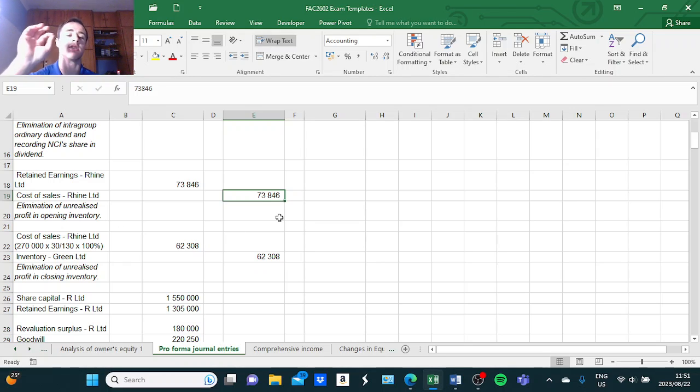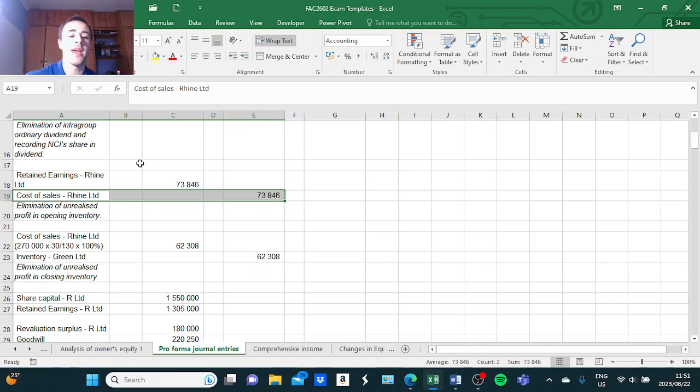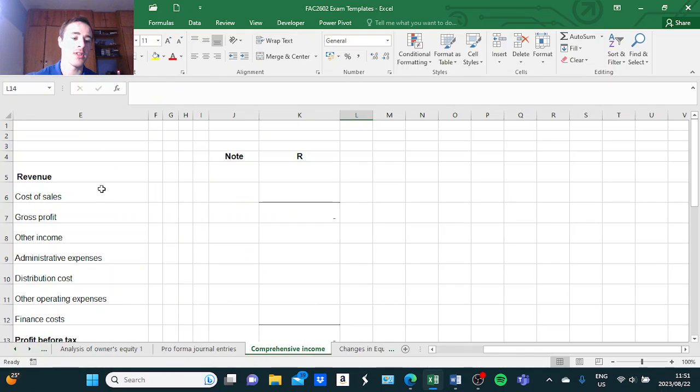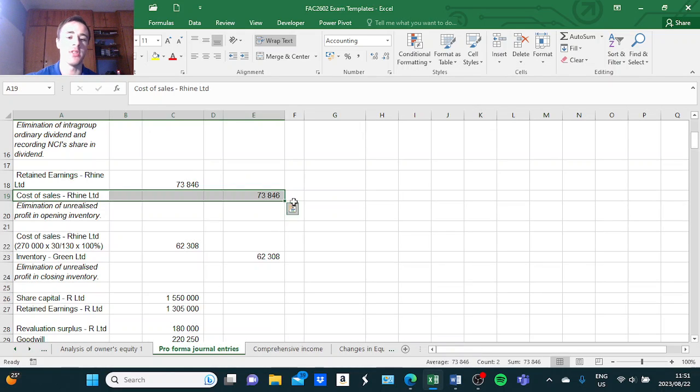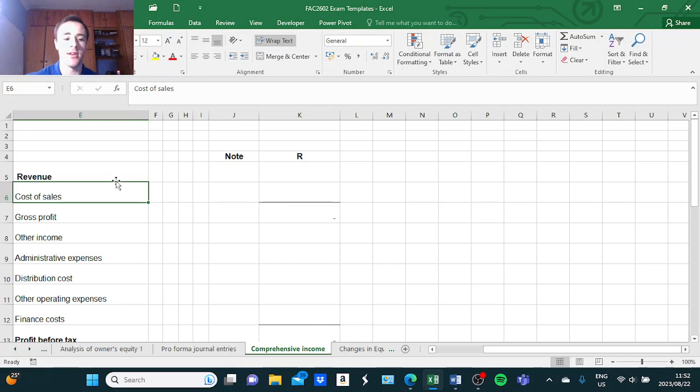Right. So if the subsidiary's cost of sales is affected, okay, and it involves unrealized profit in opening or closing inventory, right? So the first place where you will show this elimination will be in the consolidated statement of profit or loss and other comprehensive income. You will take it into account when calculating the group's cost of sales. Okay, so you will decrease, or you will show this as a negative adjustment in that line item.